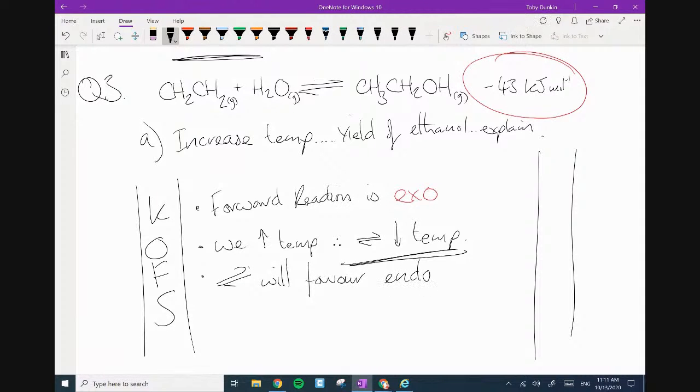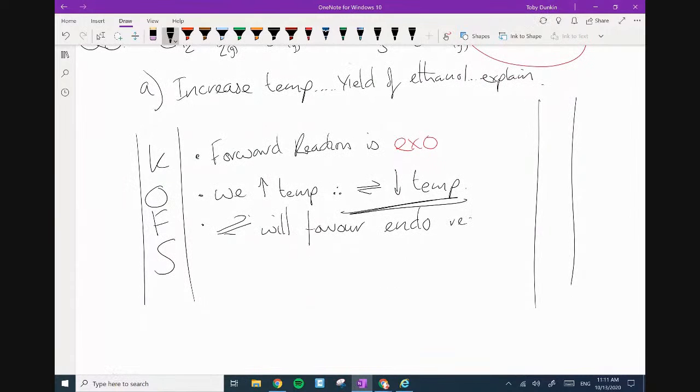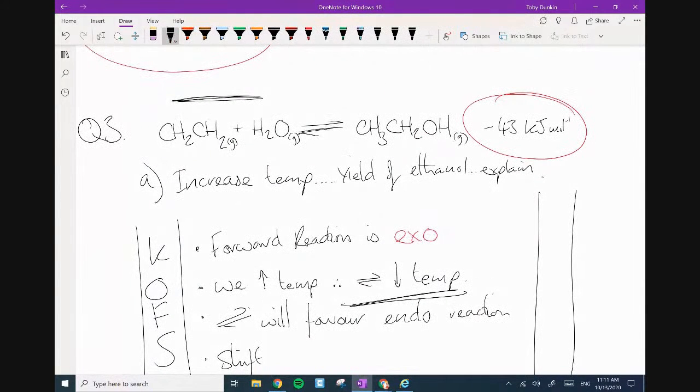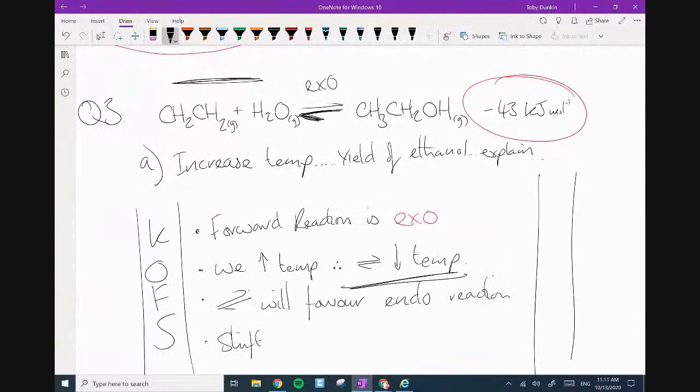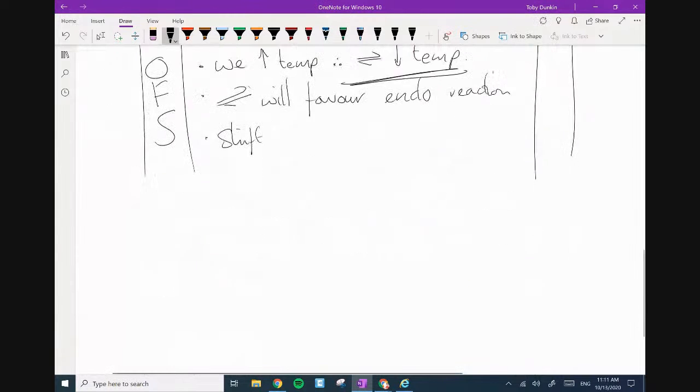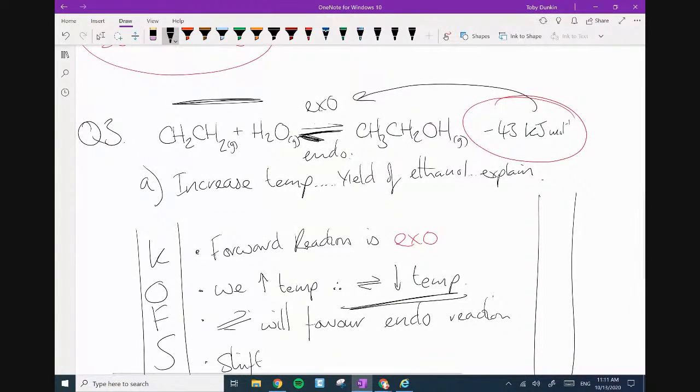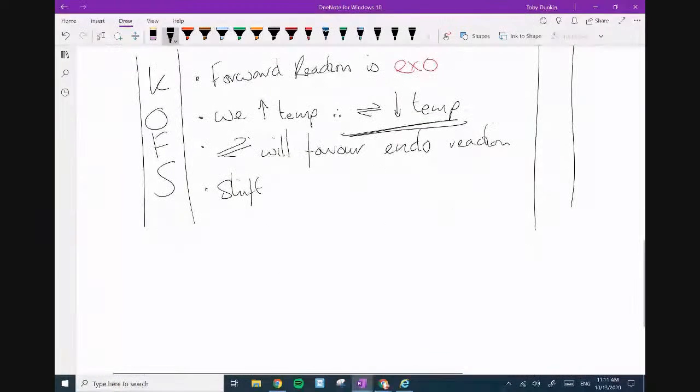Favor endothermic reaction. Shift. Right, which one's the endo? That one. Yeah, because if this is exo, because of that bit of knowledge, the other one then must be endo with the exact opposite value. So I'm going to shift from right to left.